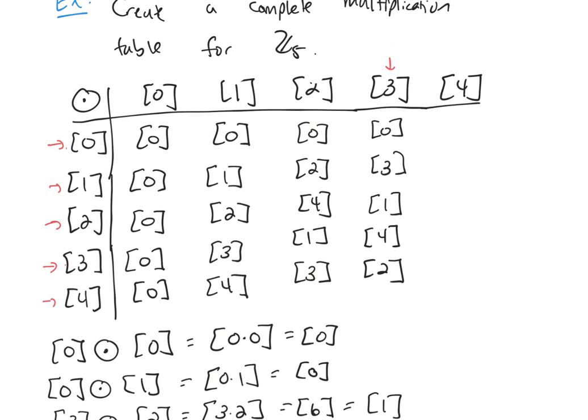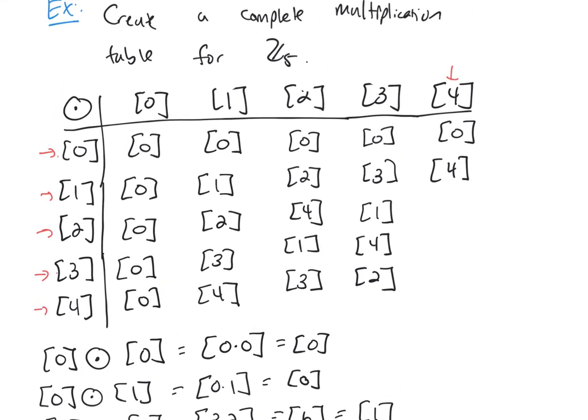And then we need to fill in the final column, and we'll be done with our multiplication table. So here, 0 times 4 would be 0. 1 times 4 would be 4. 2 times 4 is 8, which we said the equivalence class of 8 was the same thing as 3. 3 times 4 is 12, which we said 12 is the same thing as 2.